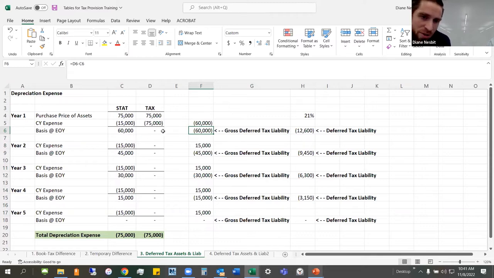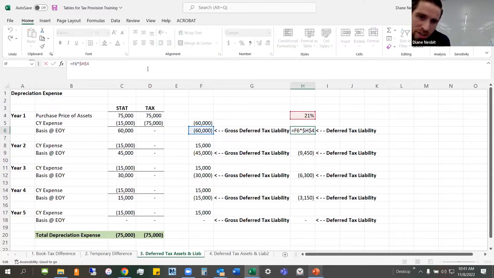And so this is the gross number, but as Jason mentioned, it's recorded in the financial statements on a net basis. As you do a provision, as we go through the steps in our example later, you'll see first you figure out what your current year differences between book and tax are, and what your gross deferred tax liabilities or assets are. And then over here, we just tax affected it. This is what actually gets recorded in your financial statements.